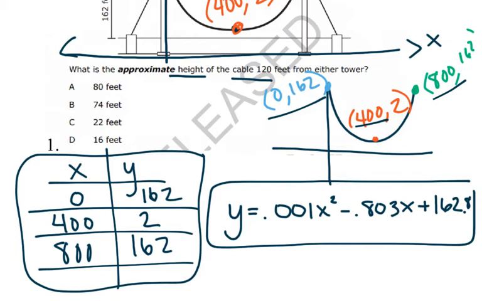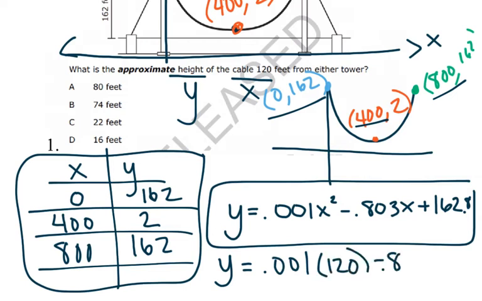I know that's a lot, but now we can actually answer the question. What is the approximate height, so y is height, of the cable 120 feet from either tower? So now that I know x is 120, I'm going to replace all the x's with 120, and I'm going to come up with my answer.